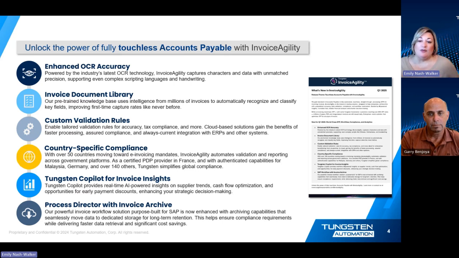By improving the OCR technology, that allows for 95 to 99% accurate information the first time. I'm really excited that we have enhanced that technology to make sure that when one of our customers scans an invoice or gets that PDF, it is between 95 and 99% accurate the first time that invoice is read. And I think that's really, really important.